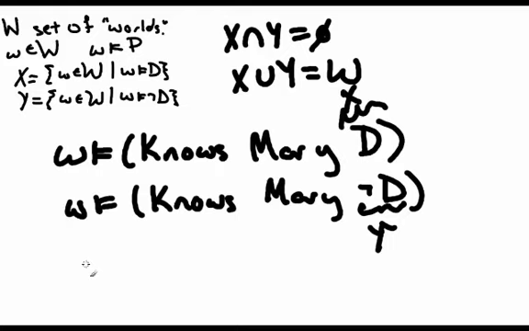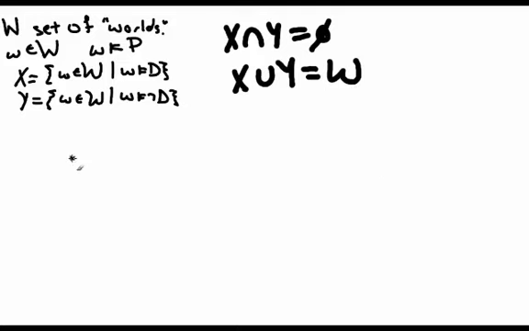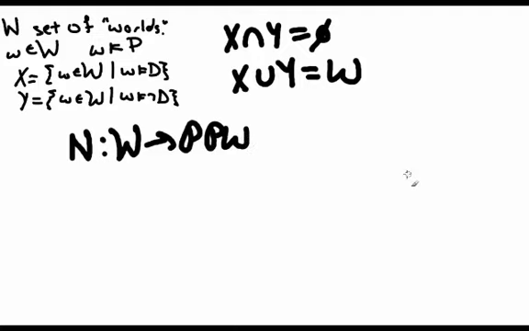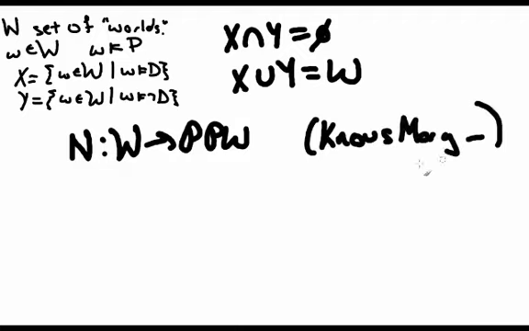In order to know if W makes knows Mary X true or knows Mary Y true, we'll use something called neighborhood semantics. So we'll assume there's some function n that goes from worlds to the power set of the power set of worlds. And now essentially, knows Mary will correspond to some function n like this.